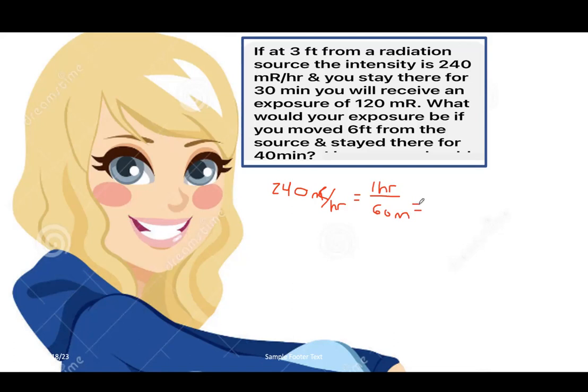So we'll plug that into the calculator, 240 divided by 60, and I get 4. So it's going to be 4 milliroentgen per minute.